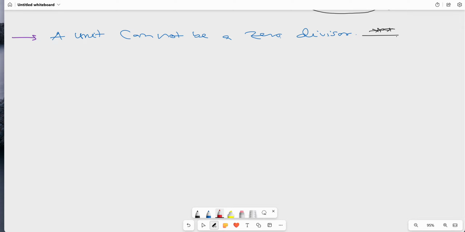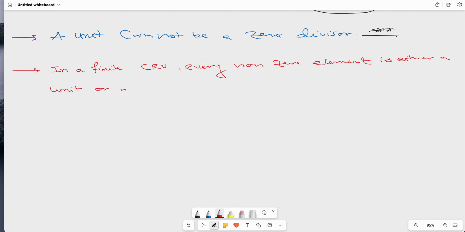It cannot be anything other than these two. So the proposition you can write is: in a finite CRU, every non-zero element is either a unit or a zero divisor.